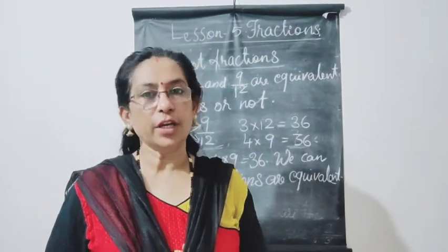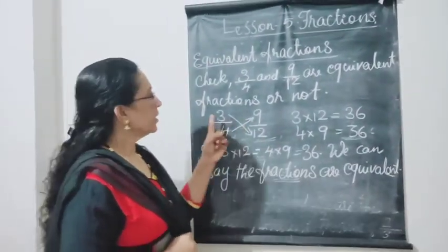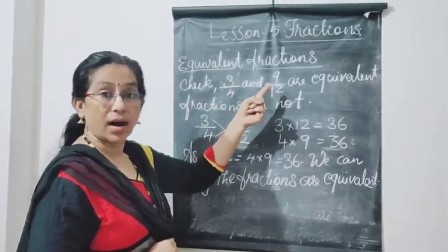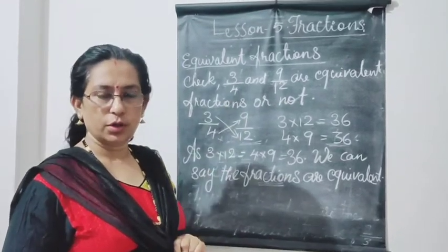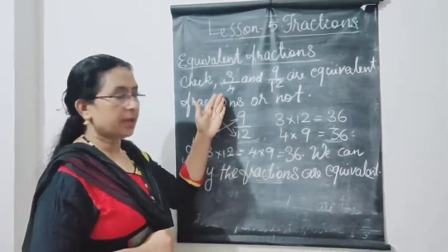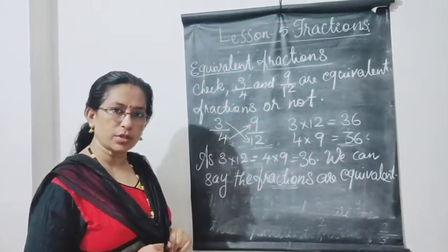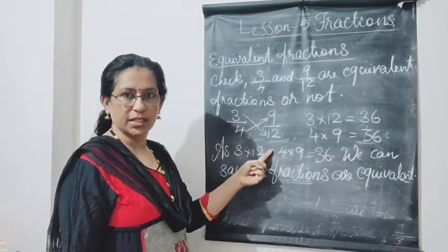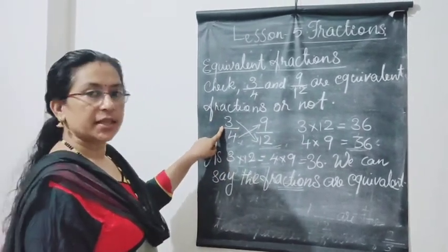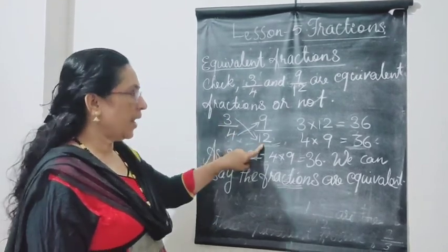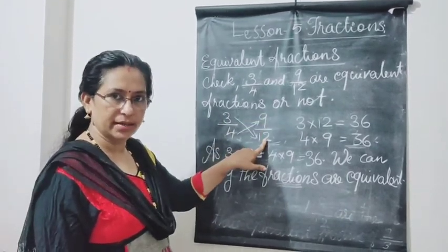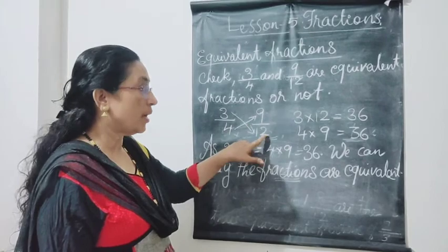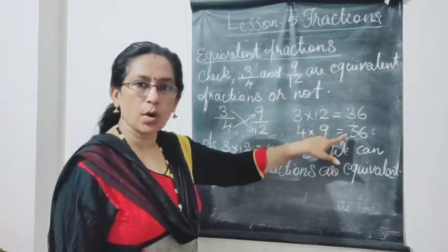Next, test of equivalent fractions. Suppose you receive a question like, check whether 3/4 and 9/12 are equivalent fractions or not. So how can we identify whether 3/4 and 9/12 are equivalent or not? We have to write the question, and check whether 3/4's numerator multiplied by 9/12's denominator, and 3/4's denominator multiplied by 9/12's numerator, are equal or not.